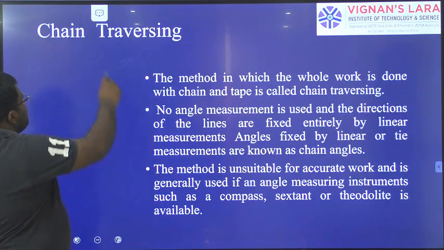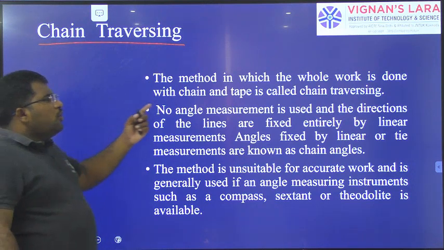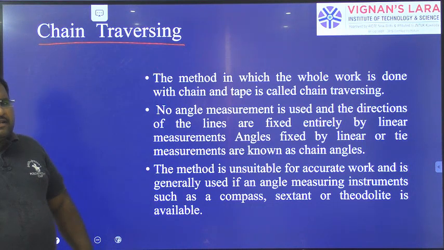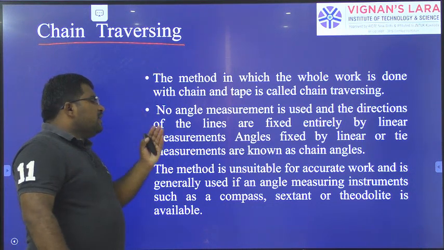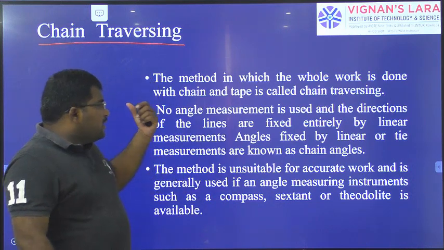The first thing is chain traversing. The method in which the whole work is done with chain and tape is called chain traversing. The whole traversing is done with the help of the chain only.